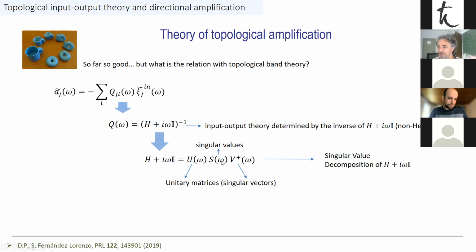This is similar to diagonalization, but more general than for Hermitian matrices. Now, with this singular value decomposition, I can calculate Q, and my Green function depends on the singular values and singular vectors. That is also a mathematically trivial identity.